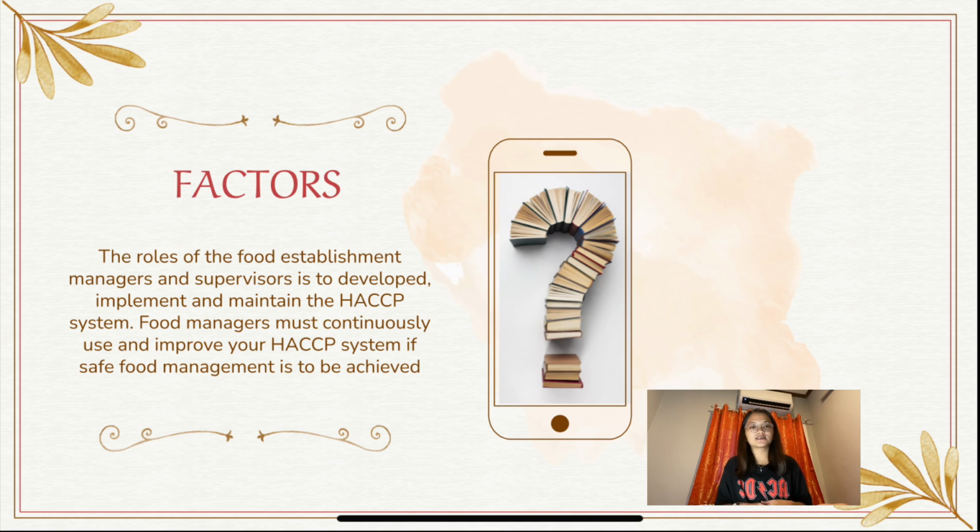Assembling the HACCP team is the first preparatory stage within the 12 steps of HACCP. The main roles and functions of the HACCP team are to develop, implement, and maintain an effective HACCP system, which they need to meet legal requirements, codes of practice, and standards, and protect consumers from harm.